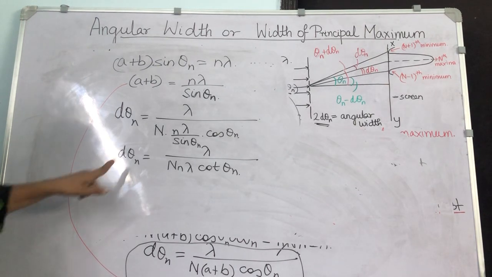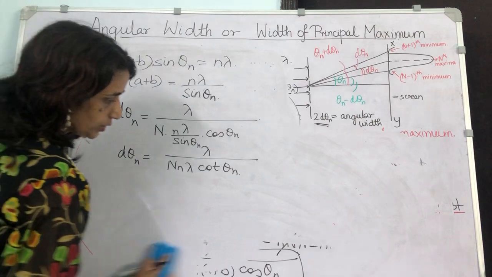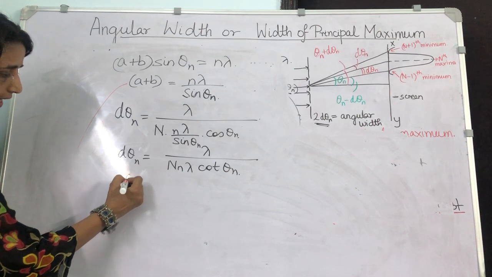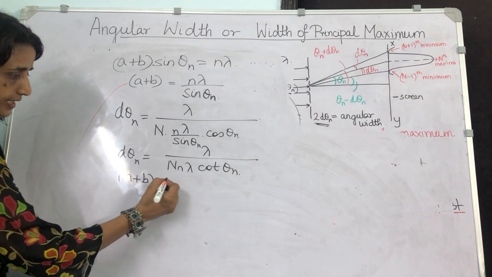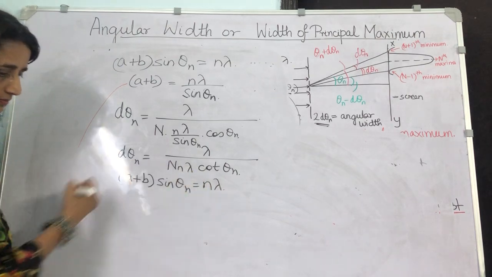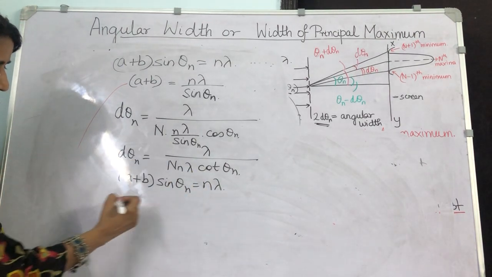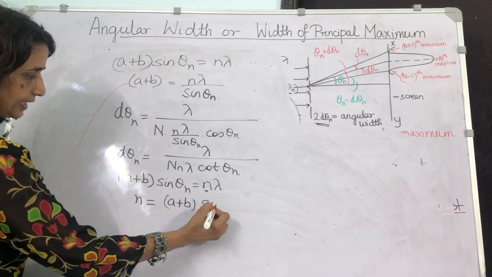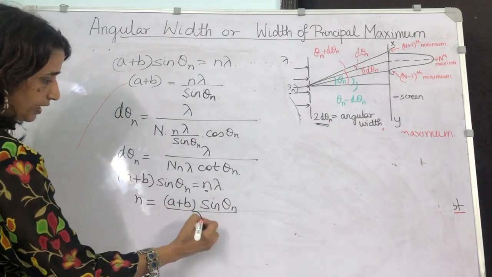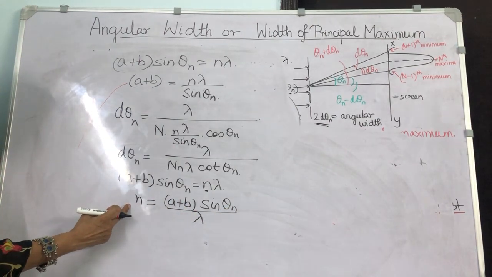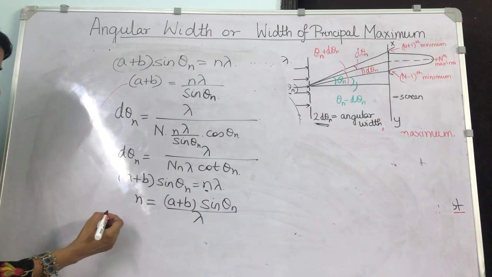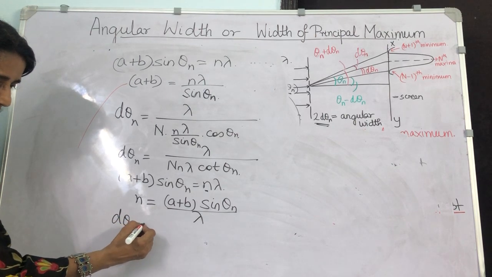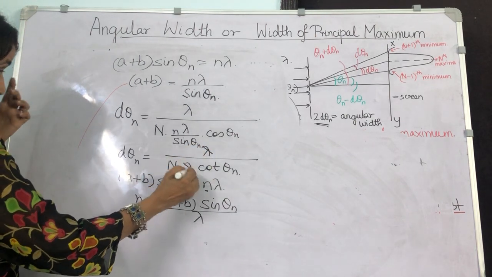We can simplify this further by writing this equation in a simpler form. How? We know that (a+b) sin θn = nλ, so n becomes equal to (a+b) sin θn / λ. Now we put this value of n here. In the expression for dθn, this λ and this λ get cancelled.